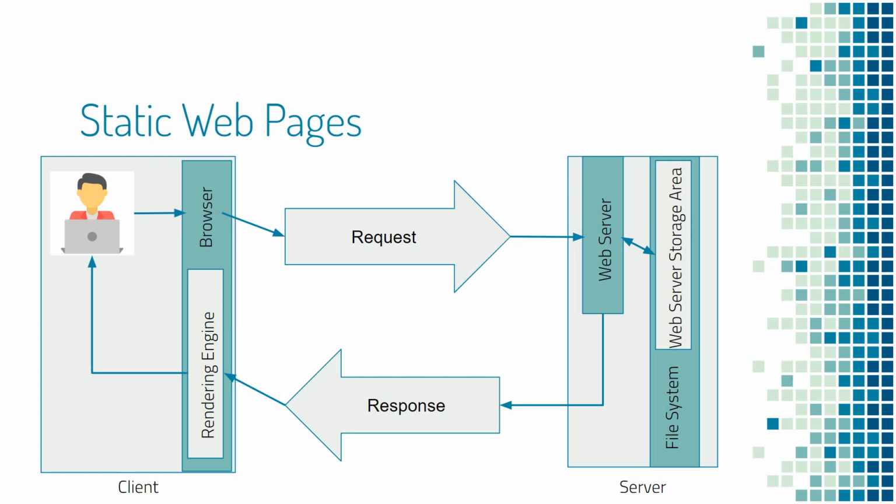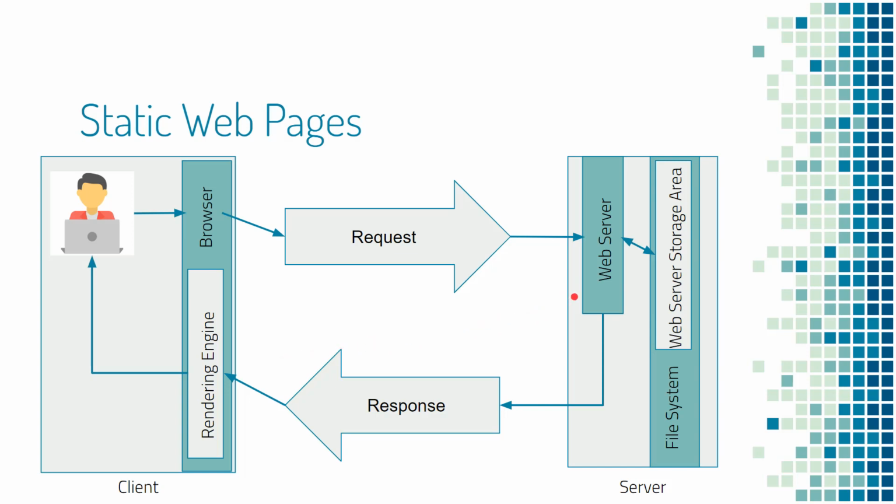The first type of web application is static web pages. Usually we use the static web pages paradigm when we want to serve files that don't require any processing.